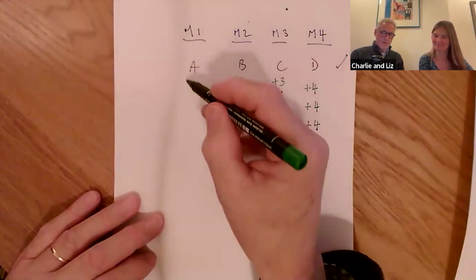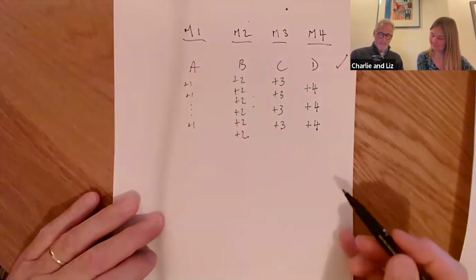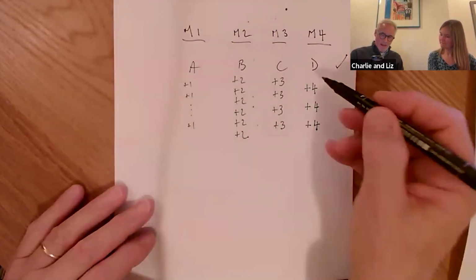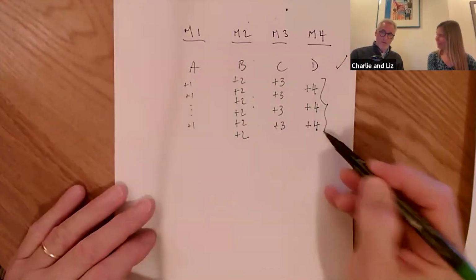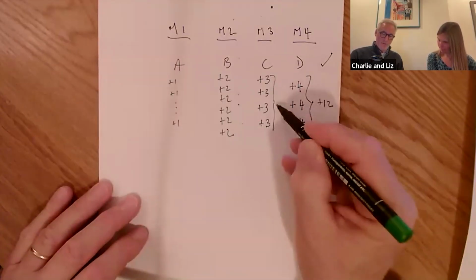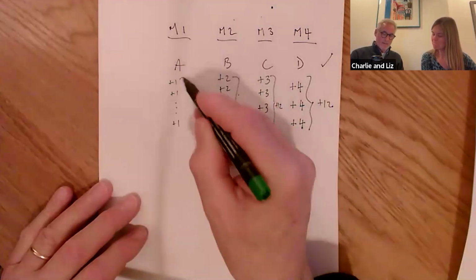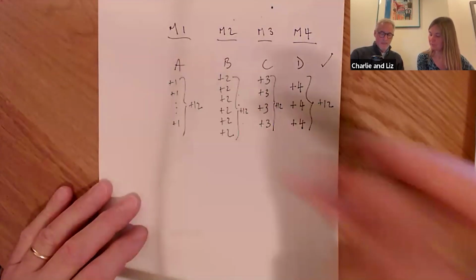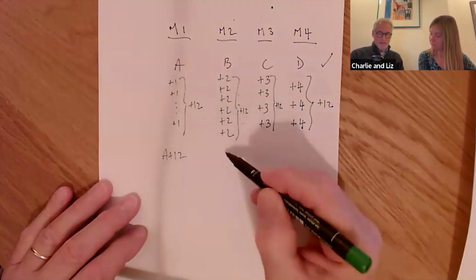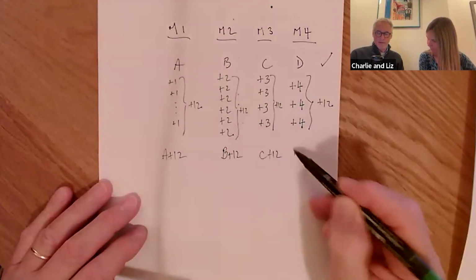And I'm not going to write 12 ones, but dot, dot, dot. And this is the equivalent to adding 12. And this is equivalent to adding 12. And this is equivalent to adding 12. And so is this. So if A, B, C, and D satisfy the criteria, A plus 12 is going to satisfy the criteria, B plus 12, C plus 12, D plus 12.